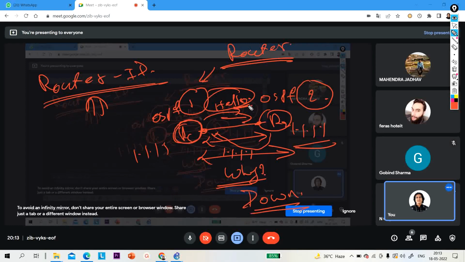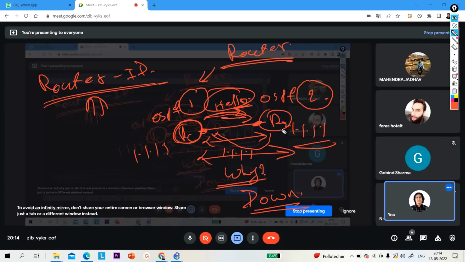When R2 accepts this hello message, the state of this interface will move to init state. So this hello message from R1 is hitting this interface, but R2 is not accepting it. So neighborship will be stuck in which state?